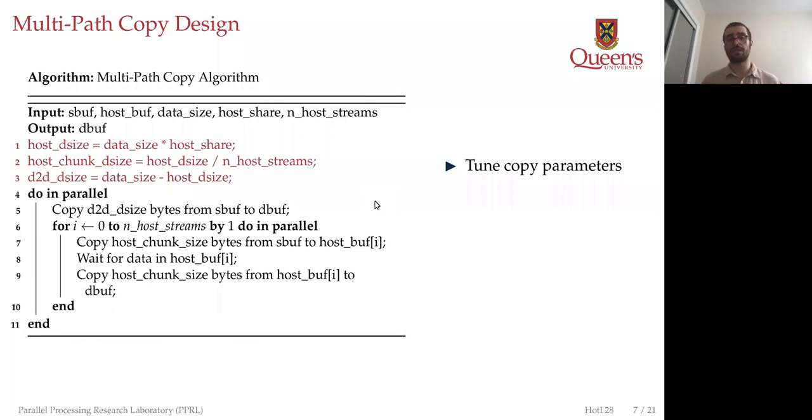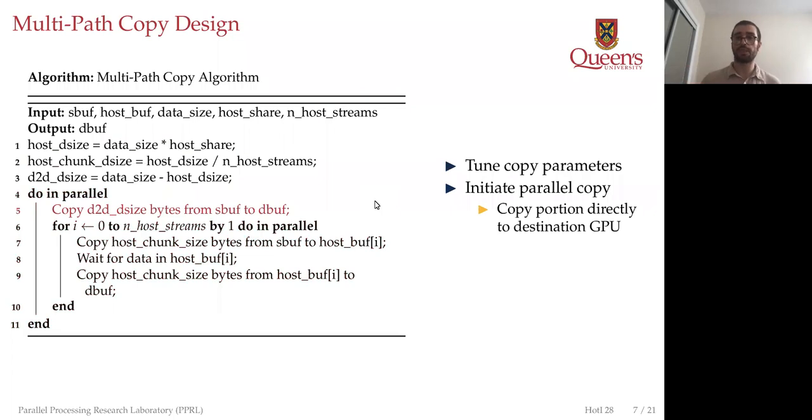We also further subdivide the data that we are sending through the host, which I'll discuss a little more in a second. The first step after we've determined our parameters is to initiate the parallel copy, and that has two parts. First, we copy the data from GPU to GPU, and this is exactly how UCX works by default. We change this by, instead of sending the entire buffer, only sending a portion of the buffer.